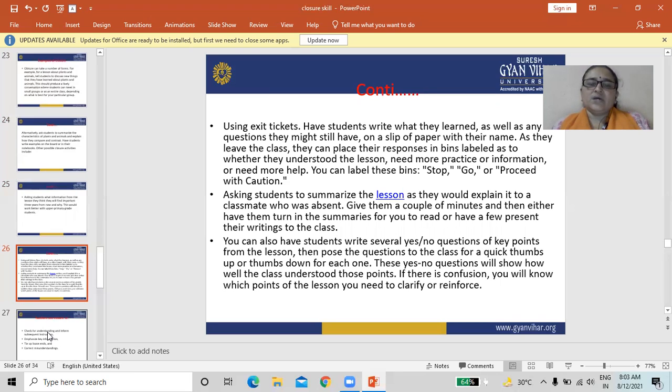As they leave the class, they can place their responses in the bins labeled as to whether they understood the lesson, needed more practice or information, or needed more help. You can label these bins stop, go, or proceed with questions.